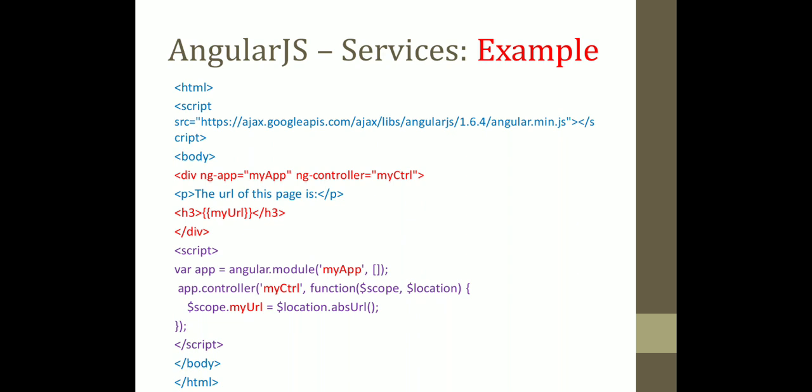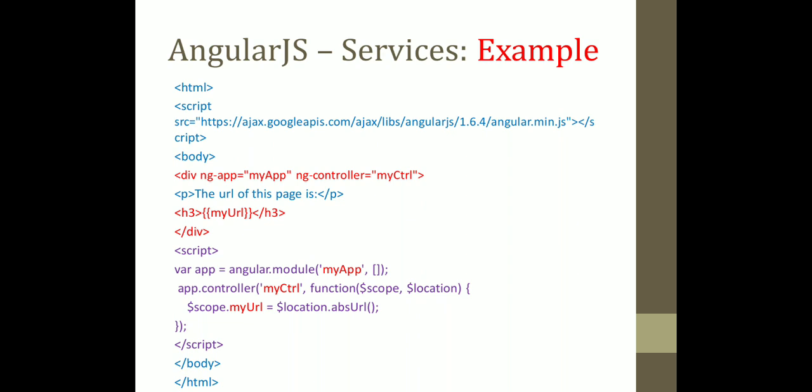Okay, and custom services can also be created using AngularJS, like with two ways, using the factory method and using the service method. So the types of services in AngularJS are these built-in services and custom services.